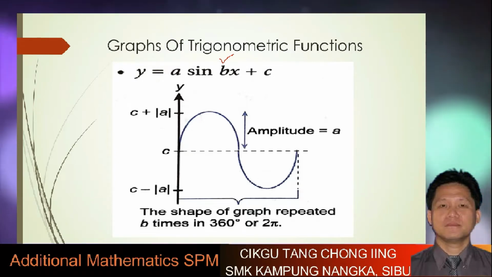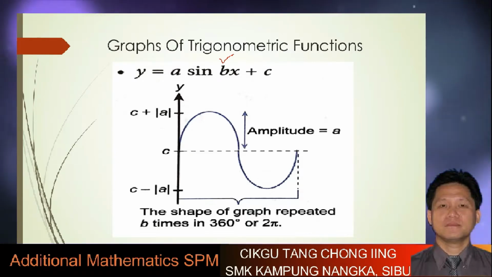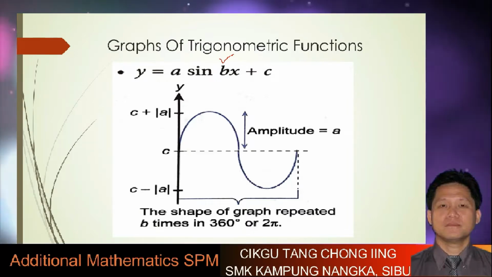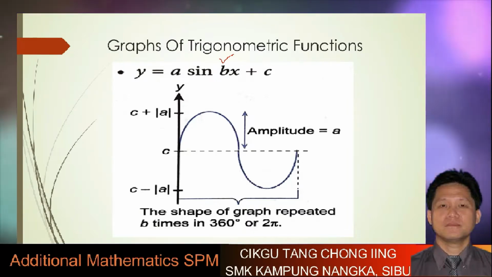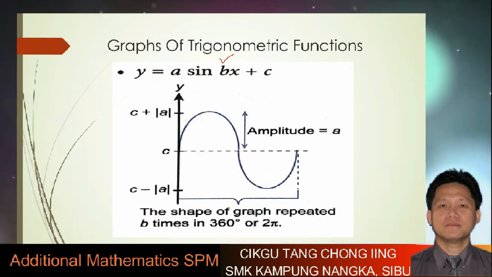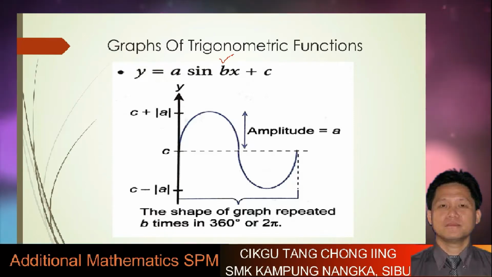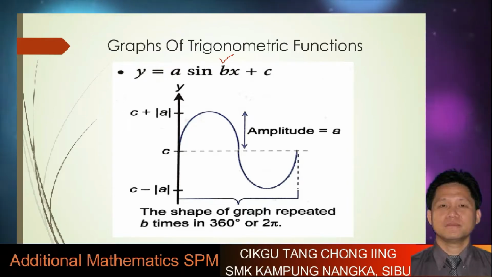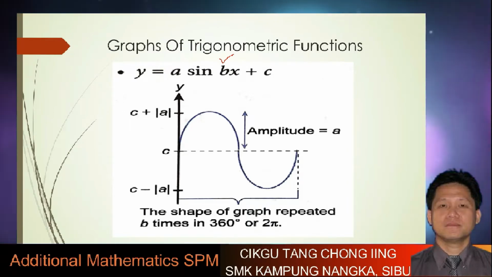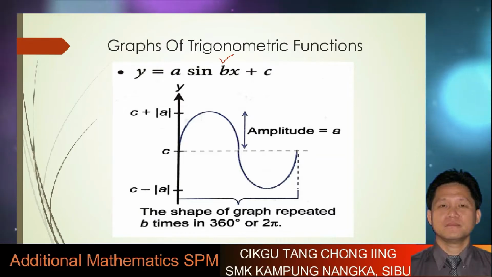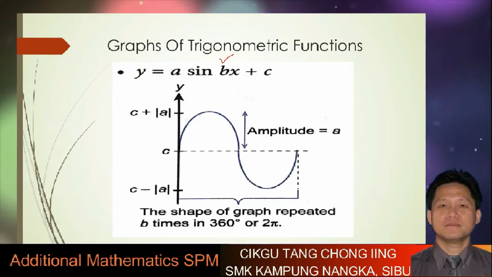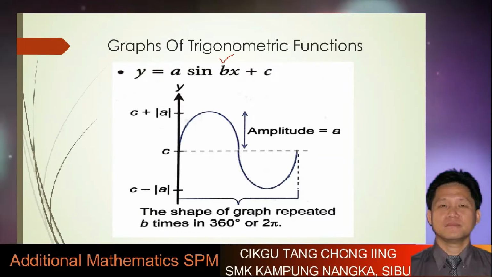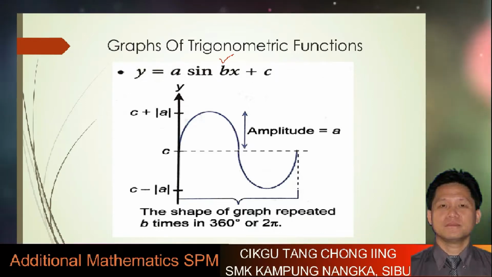Okay, and the effect of changes in the value of c, it will cause a change in the position of the graph. Right? So when the value of c increases by, let's say, 2 units, then the position of the whole graph will be shifted up 2 units vertically.